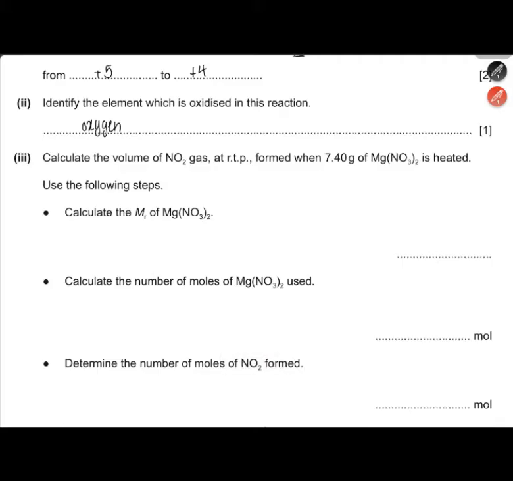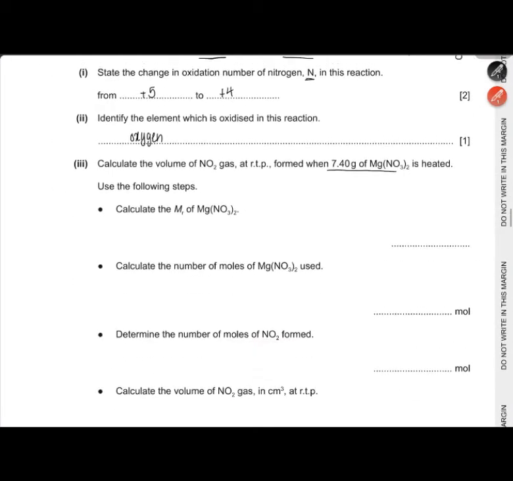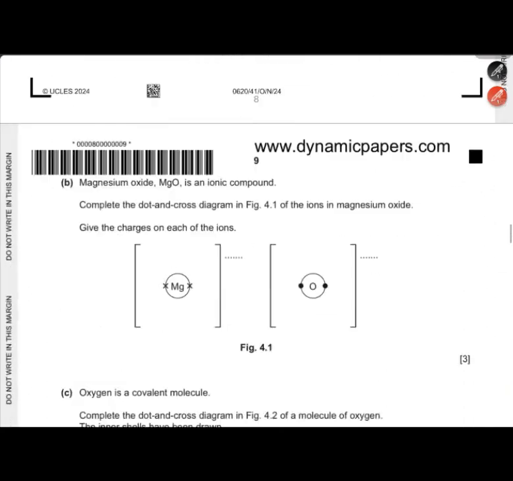Now moving on, calculate the volume of NO2 gas at room temperature and pressure formed when 7.4 gram of magnesium nitrate is heated. Use the following steps. First, calculate the Mr of magnesium nitrate. We have to go to the periodic table to calculate this.